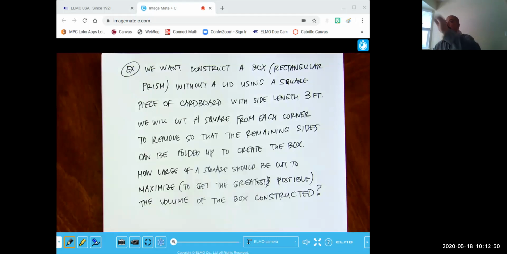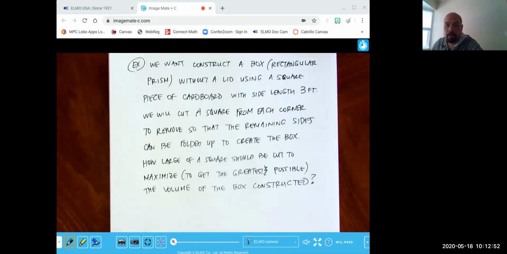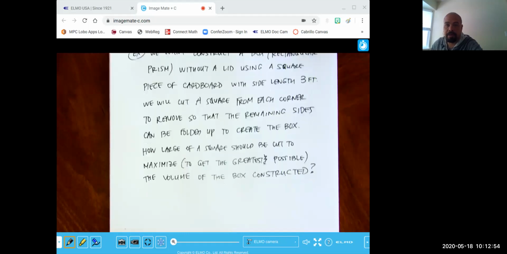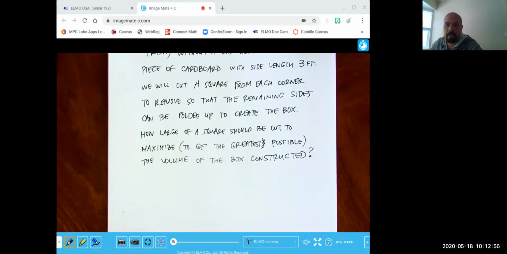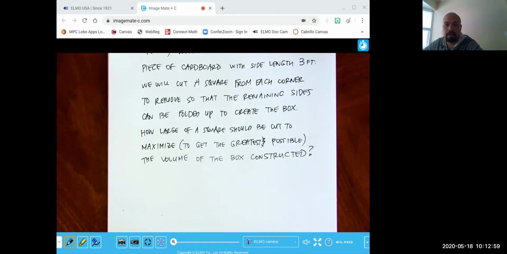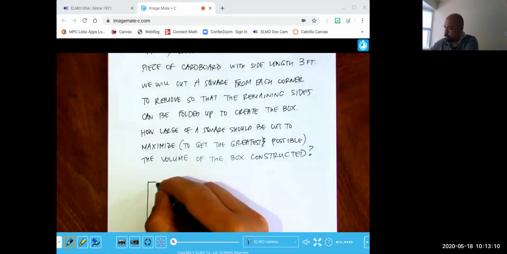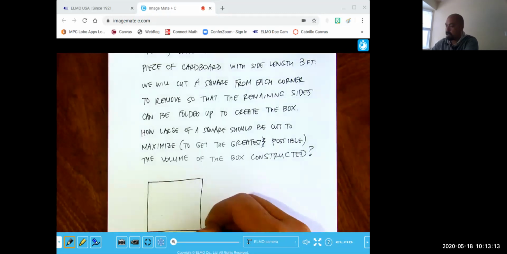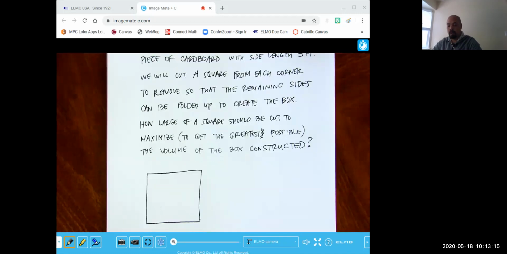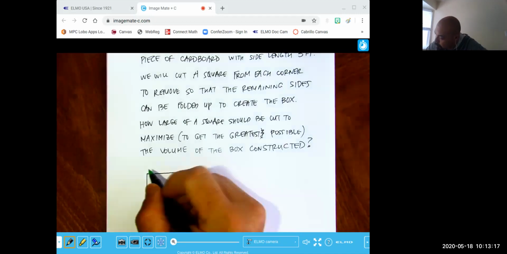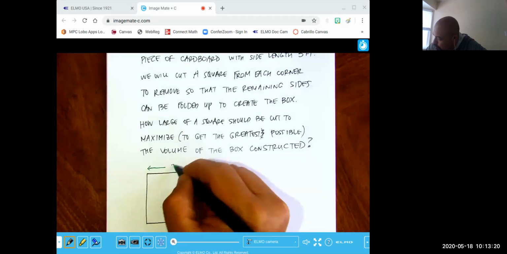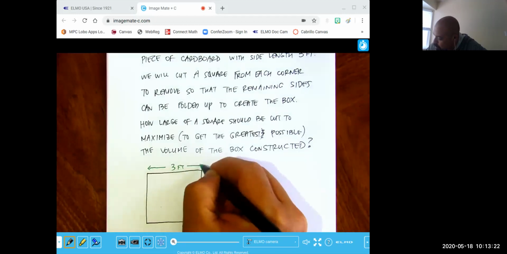All right. So let's start to think about and draw this information. We're gonna make this box from a piece of cardboard, side length 3 feet. So if we have our piece of cardboard here, there's our cardboard, where we have this measurement from edge to edge, 3 feet.